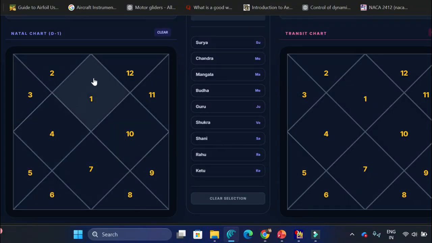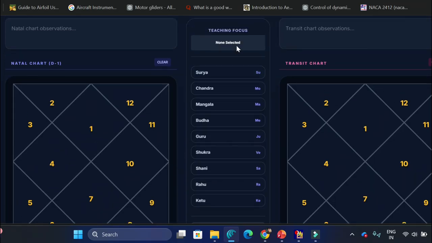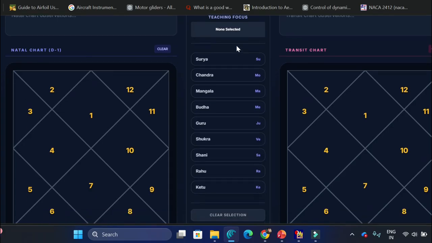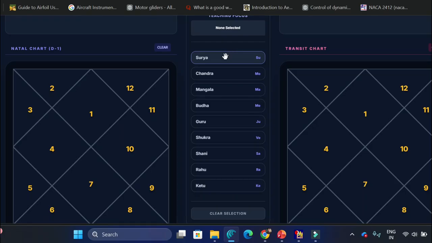See, the Sun will be in one rashi. Let us place the Sun here. Can anyone give me an example chart? Where is your Sun? Does anyone know? Aries, Mesha, right?